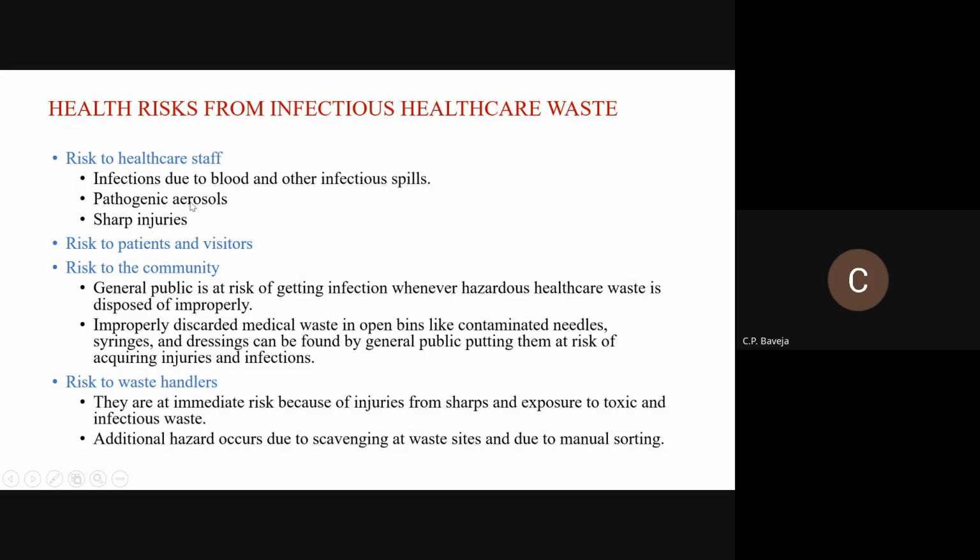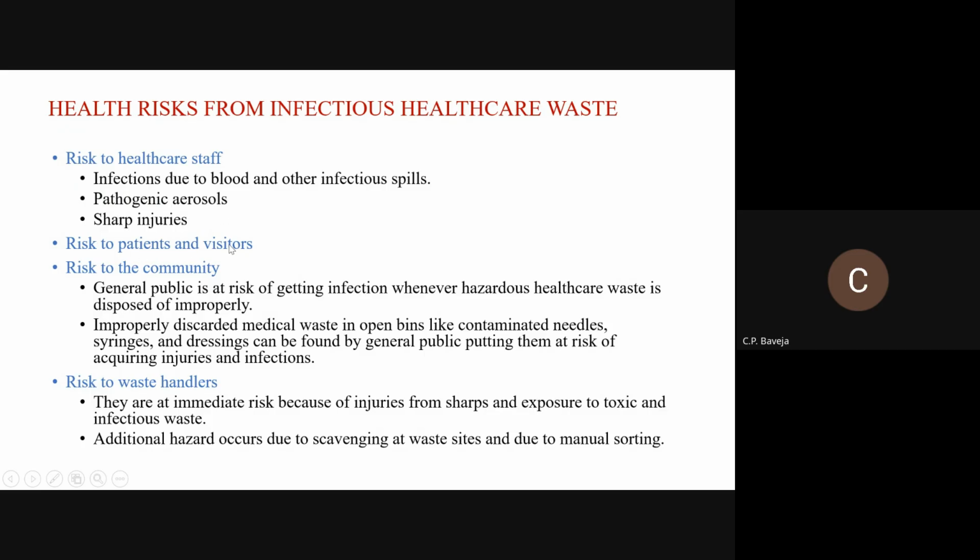Then sharp injuries: if someone gets a needle stick injury while using the syringe, or a cut by a scalpel blade. These are the items which can pose a risk to healthcare staff.